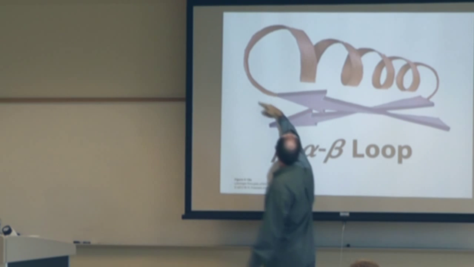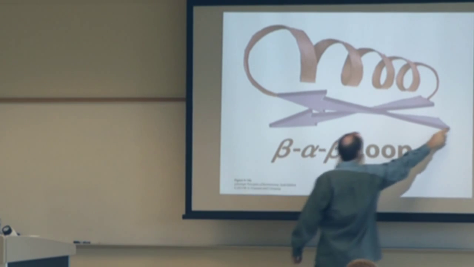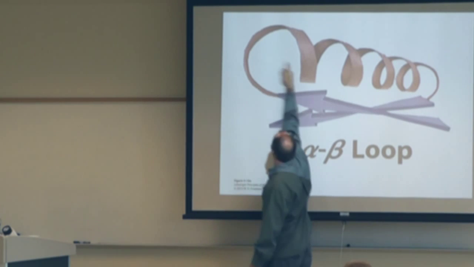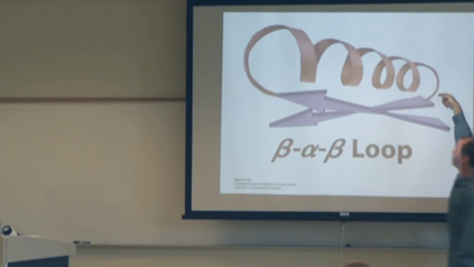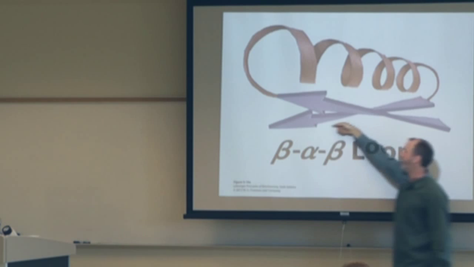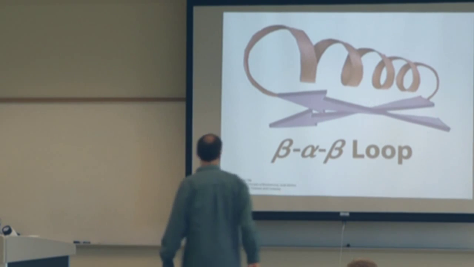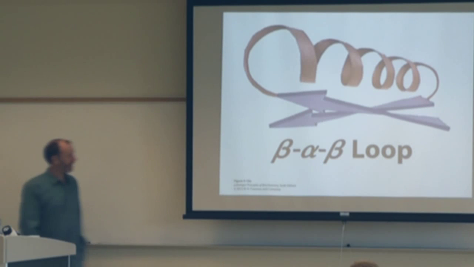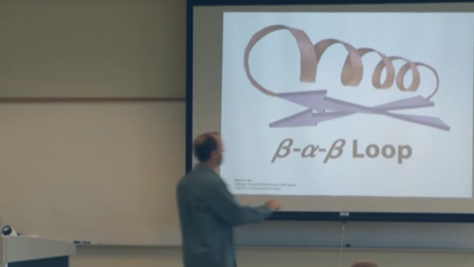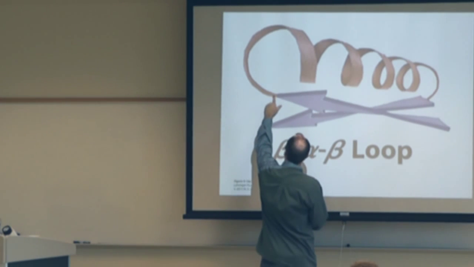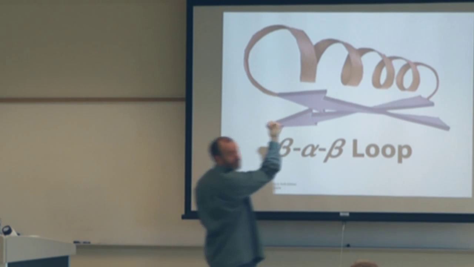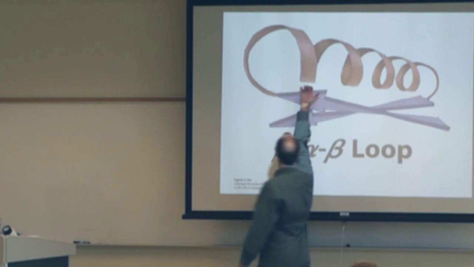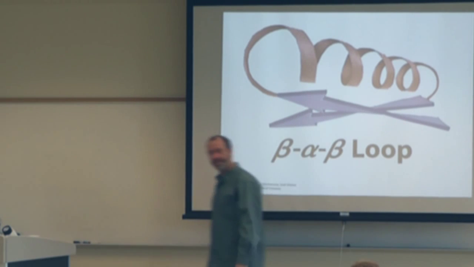So the alpha helix here, you have the amino terminus down here, the beta sheet runs this way, and then the alpha helix connects the two parallel beta sheets, and that's what's known as a beta-alpha-beta loop. So that's a right hand loop. Well, wait, no. Is that right? Yeah, that's right. It kind of curls this way. Right hand loop.